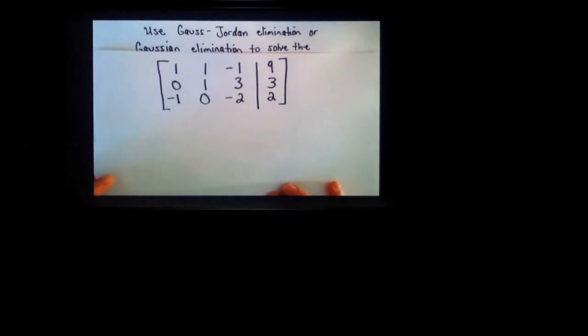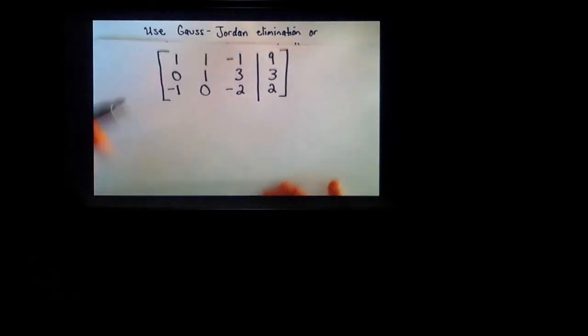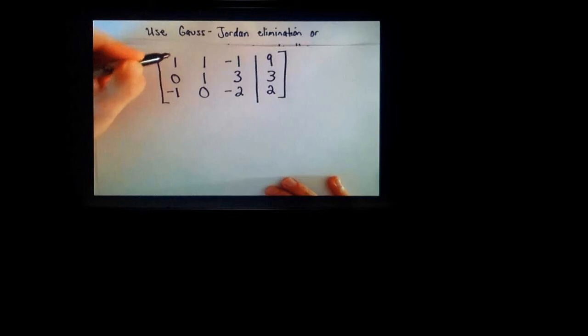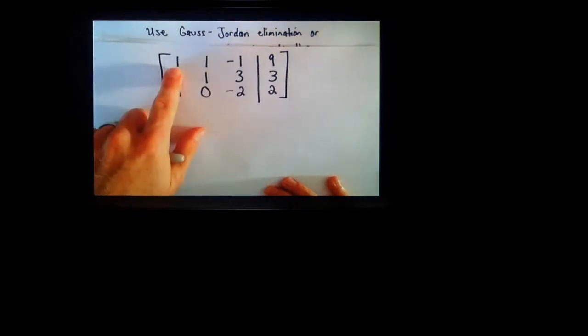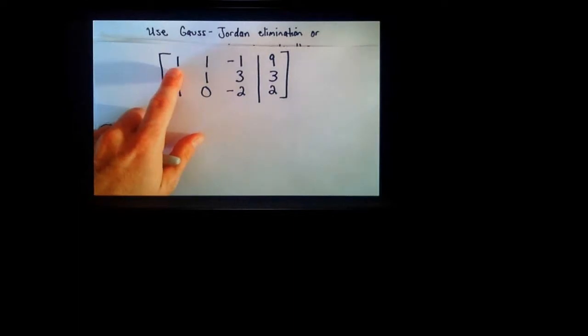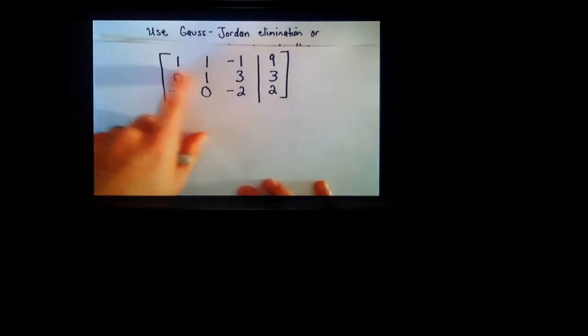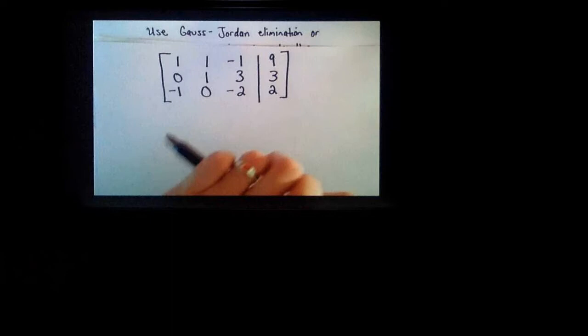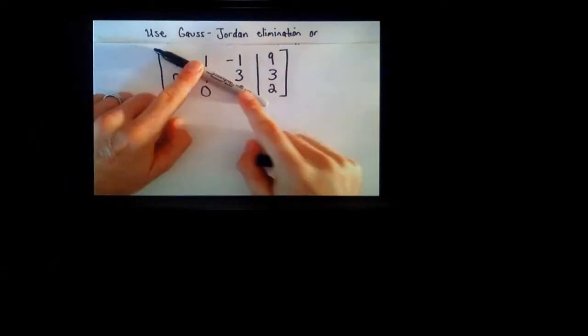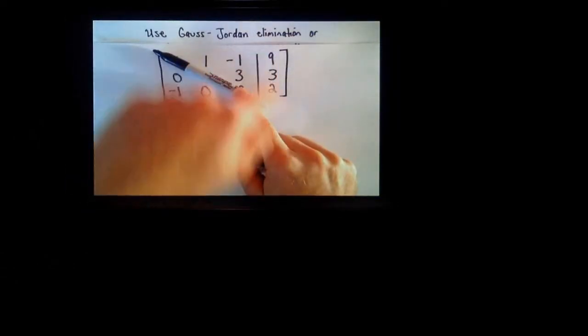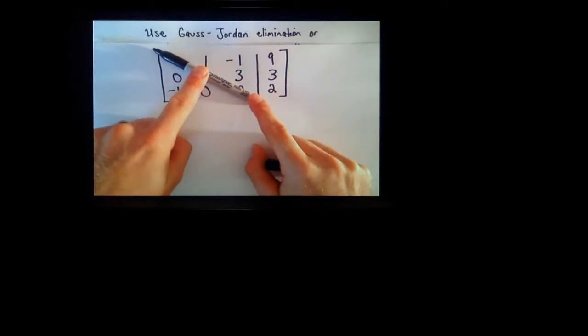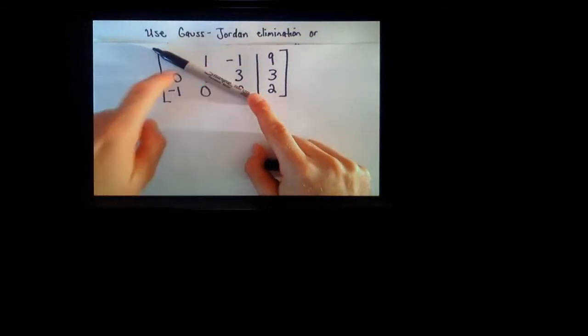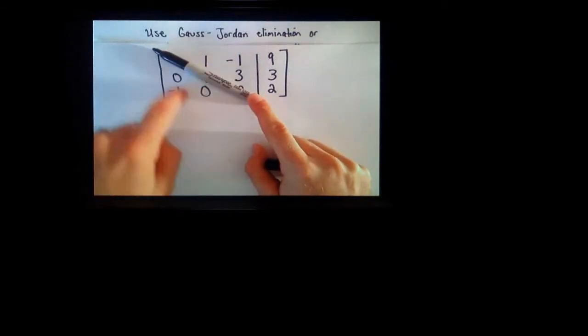Okay, so to do this, I look at my first row. I want the first non-zero entry in the first row to be a 1. So in this case, we've got a positive 1 here. Again, the idea is if you look along the diagonal, forget about the constants. If you look along the diagonal x, y, z, we're going to make the entries below that into zeros.